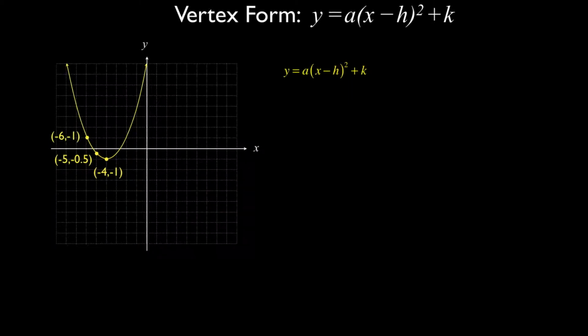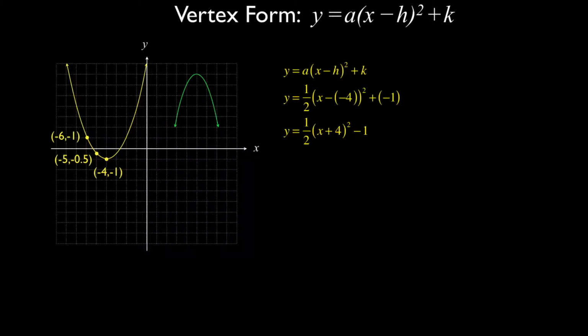So I'm only moving left 1, up a half. So that suggests to me that my a value is 1/2, my h value is -4, my k value is -1, and substituting, my equation looks like this, which can be simplified to y = 1/2(x + 4)² - 1. So we'll try another.